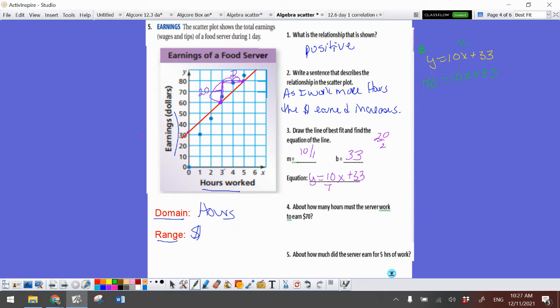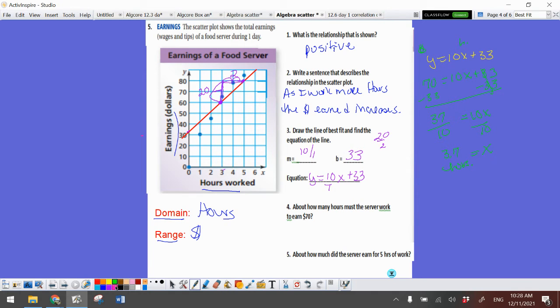So I know that to solve that, the first thing I'm going to do is subtract 33. That's gone. 70 minus 33 gives me 37. And if I divide that by 10, it tells me that I really need to work around 3.7 hours.